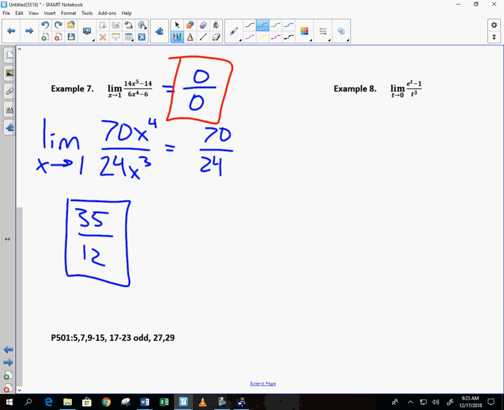Okay. All right, last example. Limit as t goes to 0 of e to the t minus 1 over t cubed. I plug in 0. What do you get? I get 1 minus 1 over 0. I get 0 over 0. It is an indeterminate form, so therefore I use L'Hopital's rule. What's the derivative of the top?